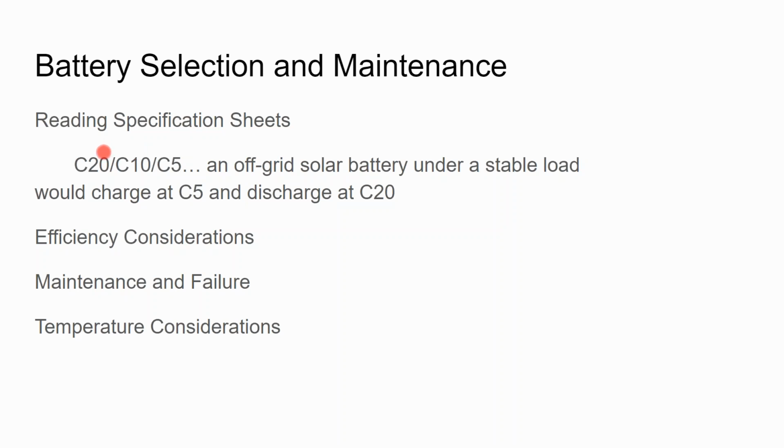It's not that you have to have a C5 lead acid for a 5-hour cycle or a C20 battery for a 20-hour cycle. It's really like asking someone how quickly they can run the 100-meter dash versus a 5-mile run versus a marathon.